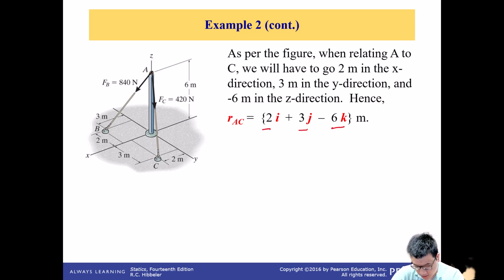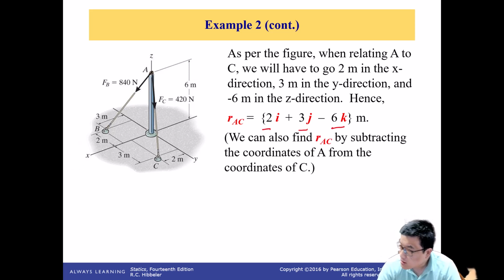There's also another way to find RAC, which is by subtracting the coordinate of A from the coordinate of C. A is 0, 0, 6.